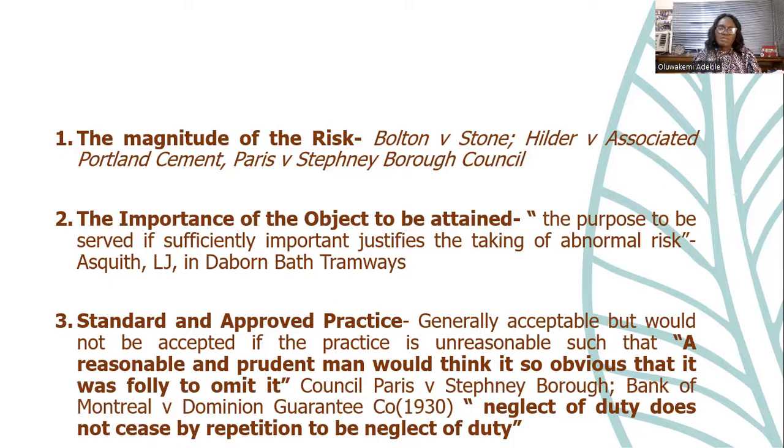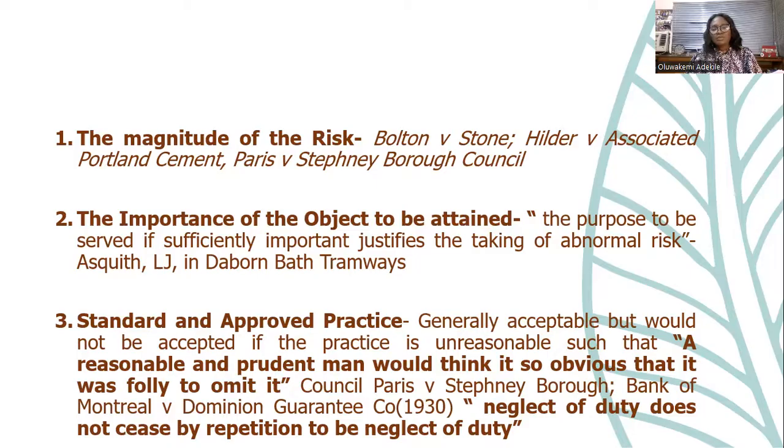The standard of care for that employer is judged against the magnitude of the risk. How great is the risk? The risk was quite great, so the standard of care was regarded as very high, and they were held to have breached it by not providing safety goggles, even if the employee had declined to wear them.